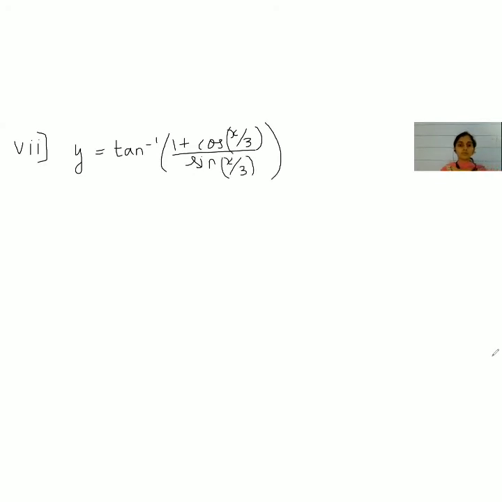Okay, what we have to do is the function inside the bracket has to be changed to tan. So tan inverse of tan is what I want to get, right? So how can we do this? Now remember we did the formula for 1 plus cos theta. So 1 plus cos theta is 2 cos square theta by 2. We're going to use this formula over here.